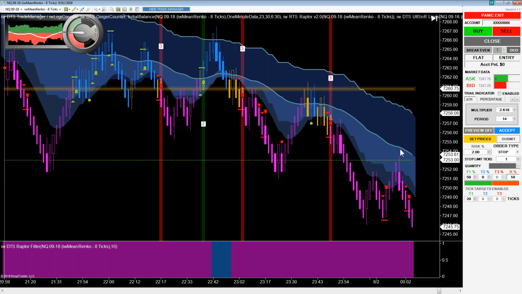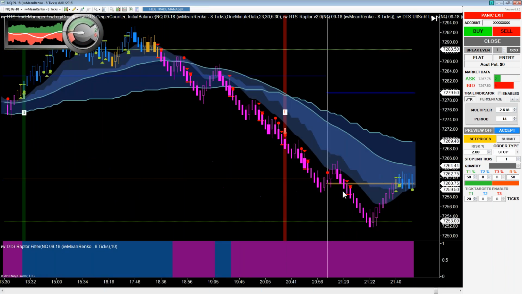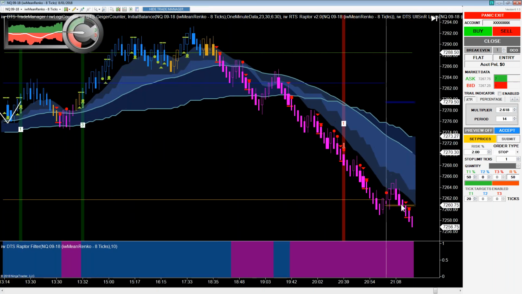We come up here, we're only a couple of ticks shy of the hard edge. Visually, we've met the requirements of a hard edge bounce. I would still call this a number 3 signal, a hard edge bounce, even though it did not print as a number 3 signal. That one's kind of borderline. I would not consider this to be a hard edge bounce. It's far too far away.